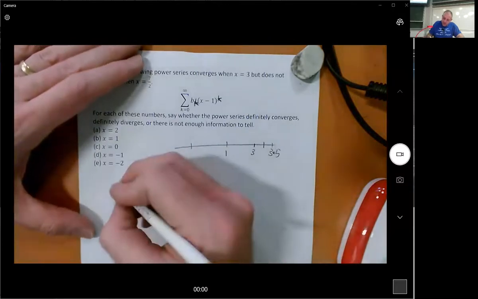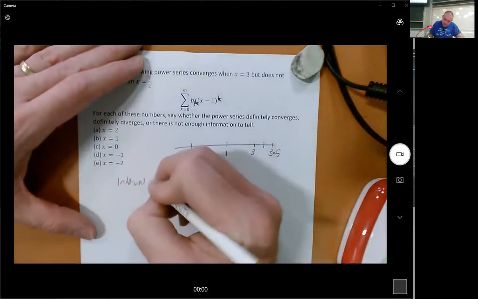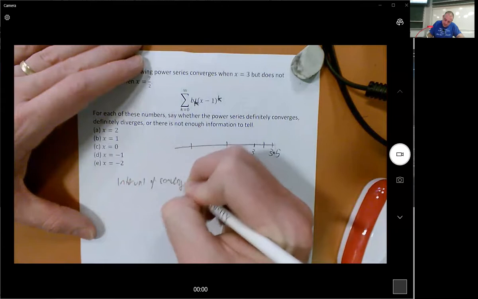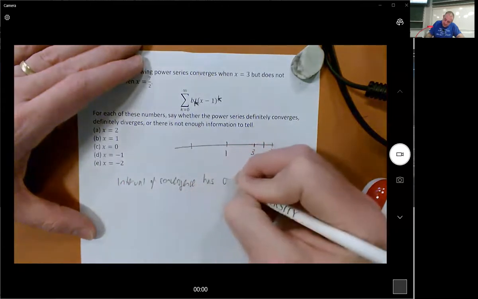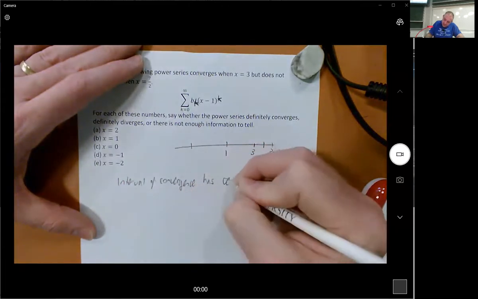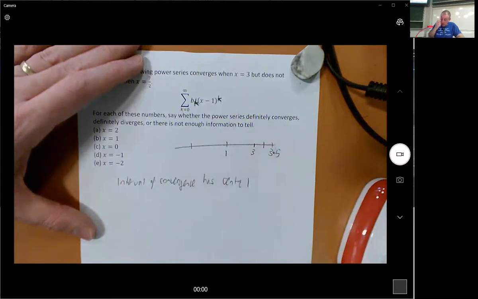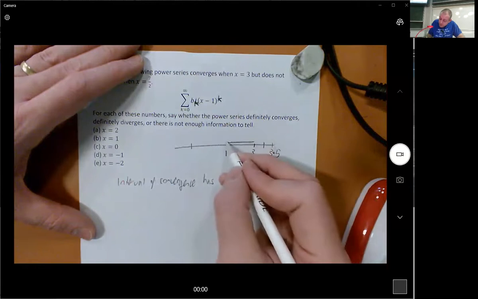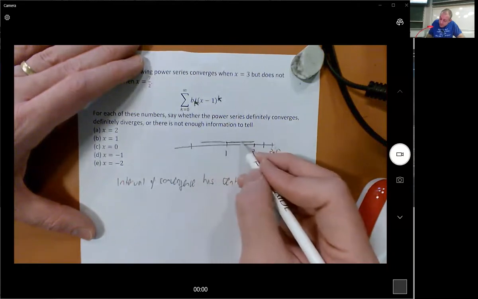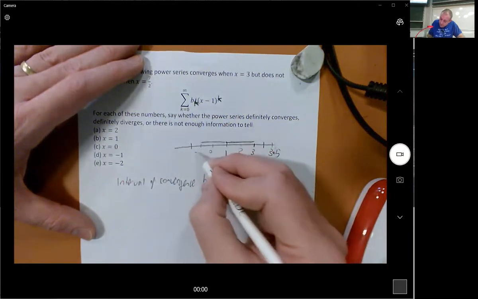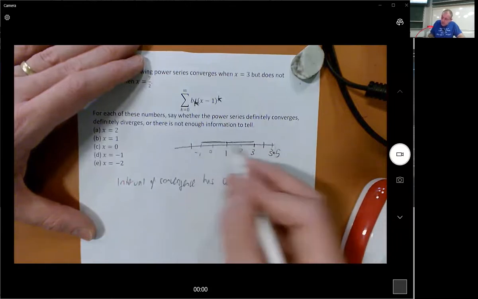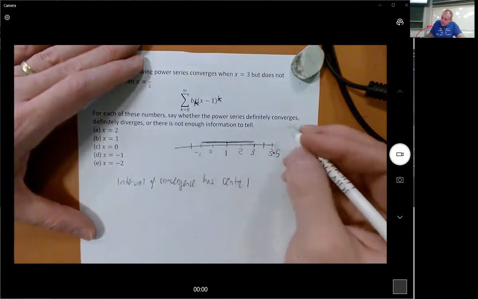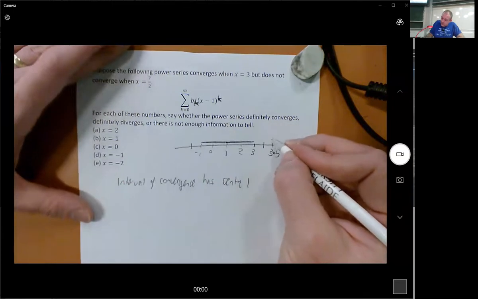Okay, so I know that the interval has center 1, and it definitely goes up to 3, which means it's definitely going to go down to minus 1. So everything from here to here is definitely converging, and it definitely does not converge at 3.5.